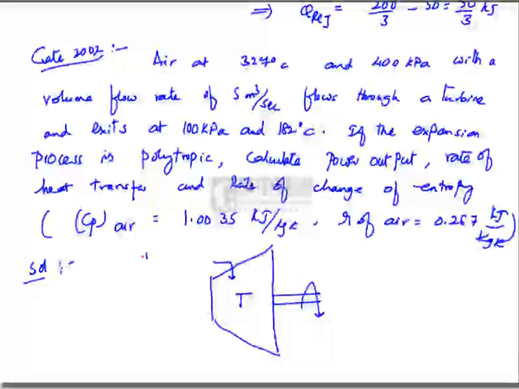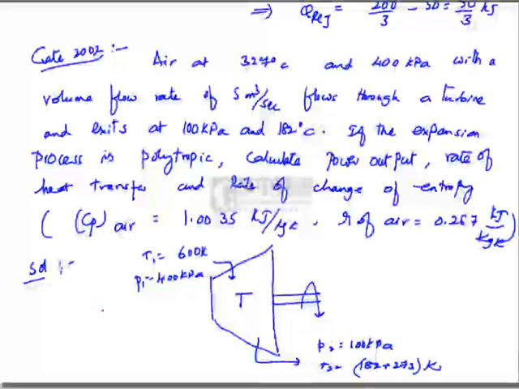The inlet temperature is 327 plus 273, that is 600 Kelvin, inlet pressure is 400 kilopascal, and exit pressure P2 is 100 kilopascal, which is equal to the atmospheric pressure, and T2 is equal to 182 plus 273 Kelvin.